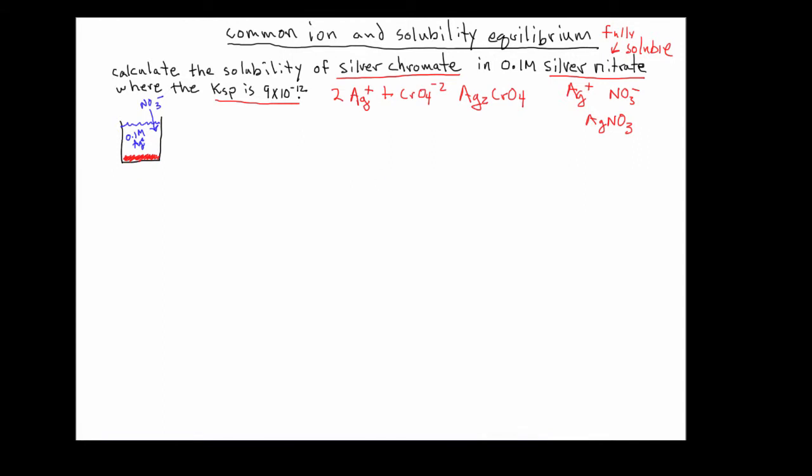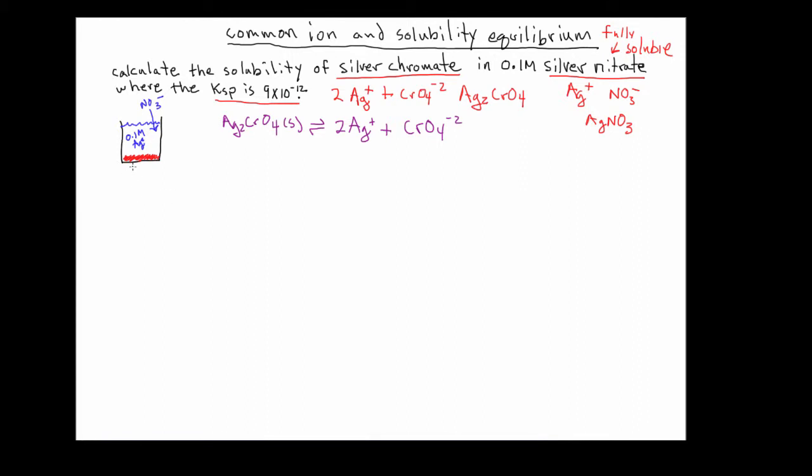So here's what I mean. If we write the equation for this equilibrium, it's silver chromate solid, which is in equilibrium with its two ions, the silver and the chromate, CrO4 minus 2. Now let's go back to the setup of the problem.